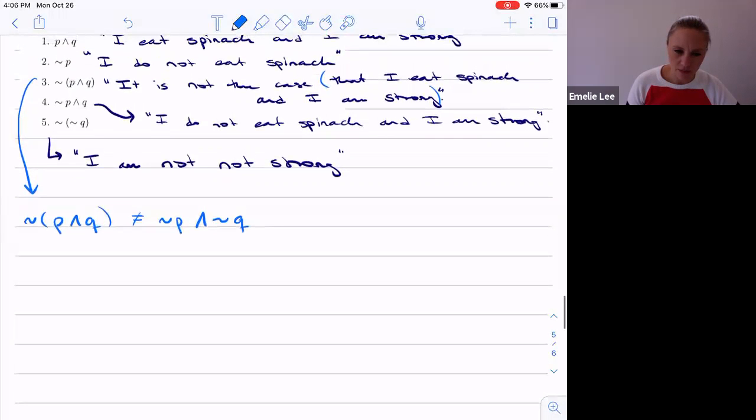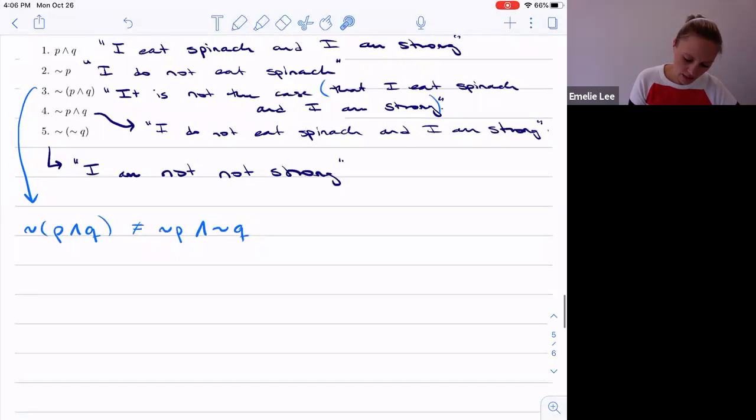But then I'm kind of looking back at Zach's question here. So it's not the case that I eat spinach and I'm strong. So what I'm saying is I'm not the combination of those two, which is different from what we want it to be.